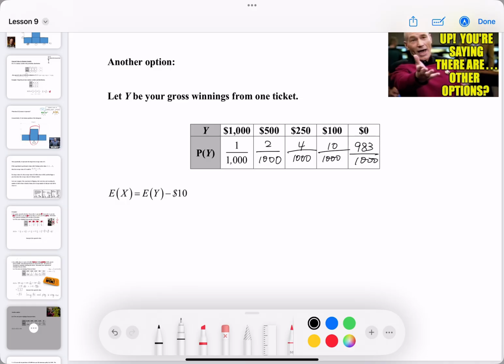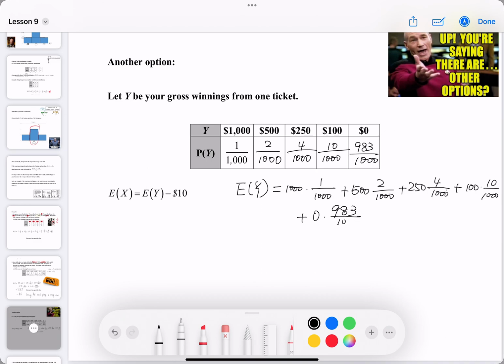And then what should I do? I'm going to find E of Y. E of Y is 1,000 times 1 over 1,000, plus 500 times 2 over 1,000, plus 250 times 4 over 1,000, plus 100 times 10 over 1,000, and then plus 0 times 983 over 1,000.